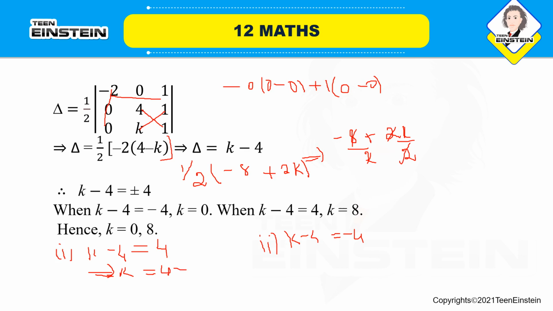If you bring this minus 4 to the right hand side, then it becomes plus 4. So k equal to 8. And from this, k equal to minus 4. We bring this minus 4 to the other side, then it will become plus 4. So what we are getting is 0. So we are getting two different values for k. One is 0 and another one is 8. Okay. So we have got the values of k.